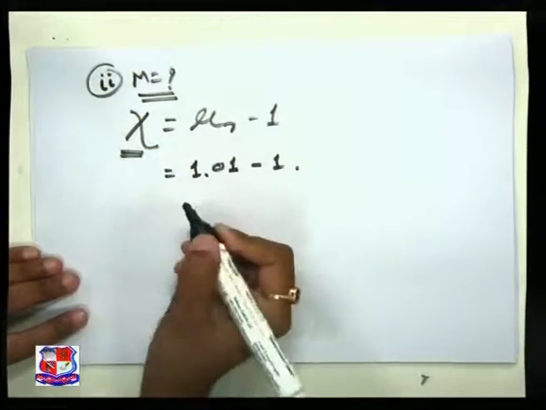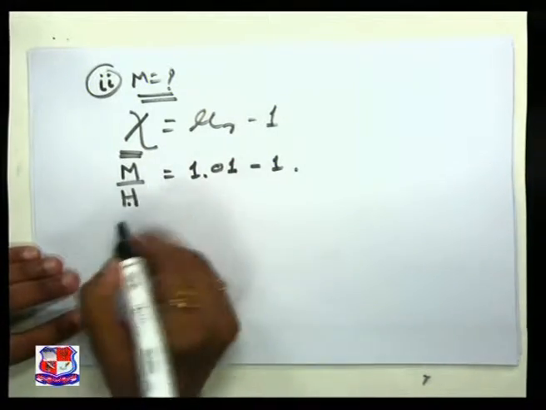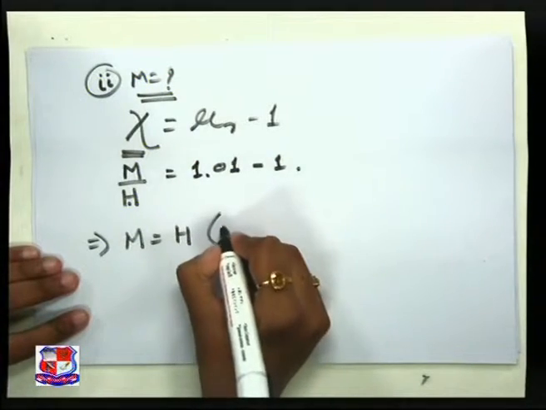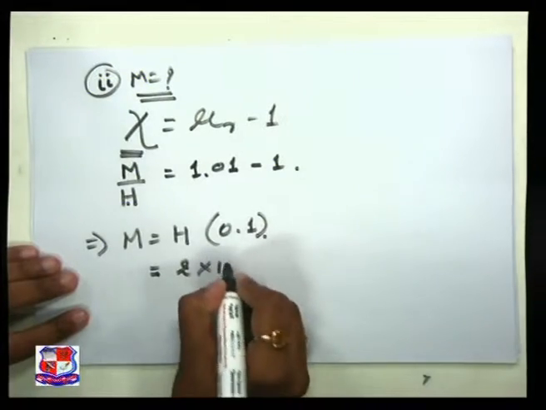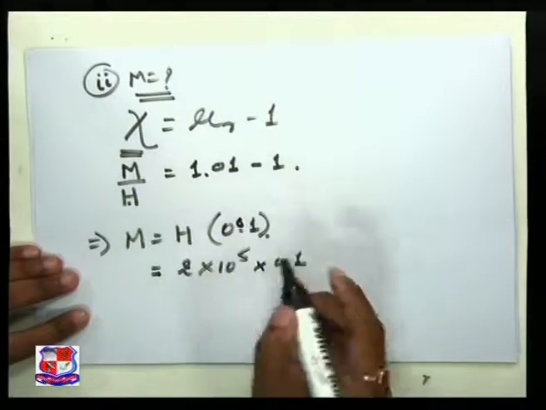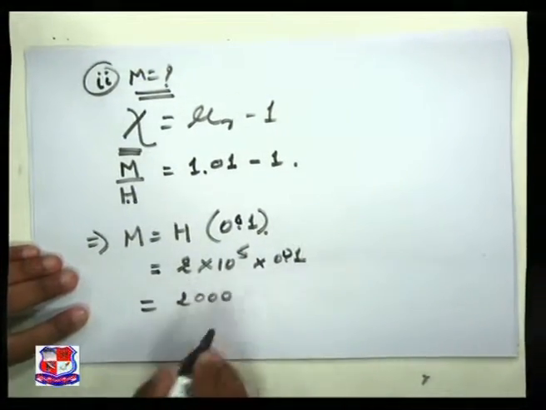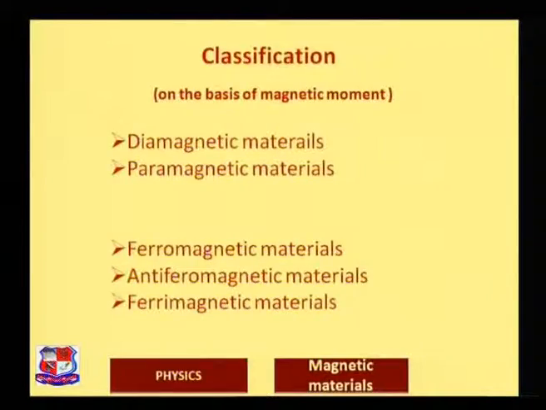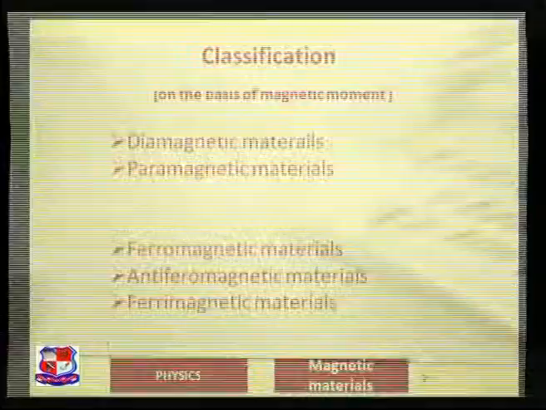Again we use the equation from the first example, chi is equal to M by H, and we are given H. So capital M is equal to H into 0.01, that is 2 into 10 raised to 5 into 0.01. The answer is 2000. The unit is ampere per meter. So capital M, the magnetization, is 2000 ampere per meter.